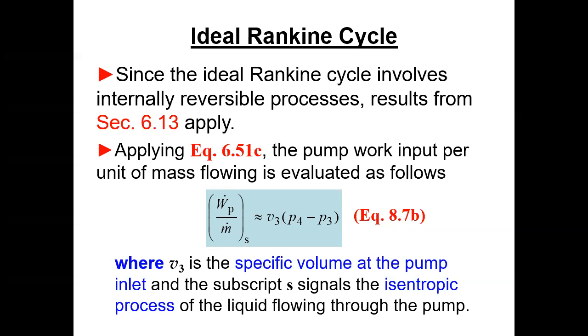And then if you have an isentropic efficiency for the pump, you divide that by the isentropic efficiency, which is going to be less than 1. That gives you the work that the real pump would require. So if it's an isentropic pump, then you're done right here. If the efficiency was 50%, then you'd have to double the isentropic work to get the real work. Okay, so that's what I call the pump trick. Make sure that you understand that.